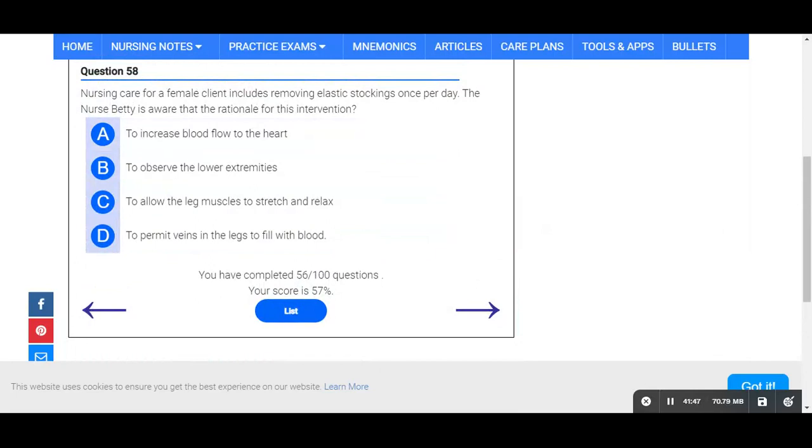Okay, nursing care for a female client includes removing elastic stockings once per day. The nurse is aware that the rationale for this intervention is to increase blood flow to the heart, observe the lower extremities, allow leg muscles to stretch and relax, or permit veins in the legs to fill with blood. Observe lower extremities, allow leg muscles to stretch and relax.